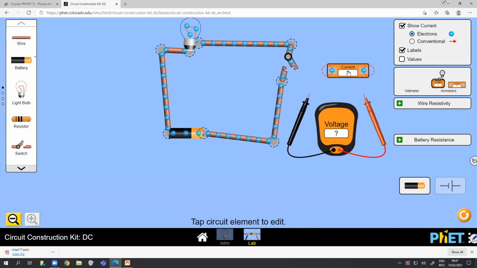I want to know what is the current that is flowing through the bulb. Then I need to connect this ammeter in series with the bulb. Whatever current flows through the bulb has to flow through the ammeter, right?